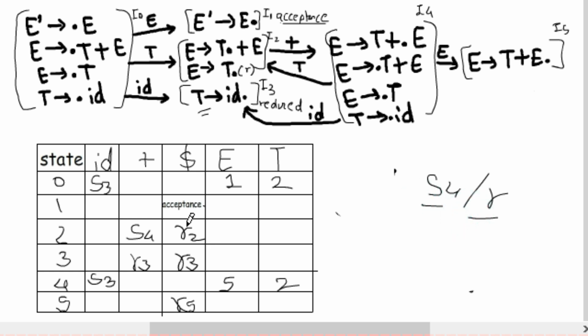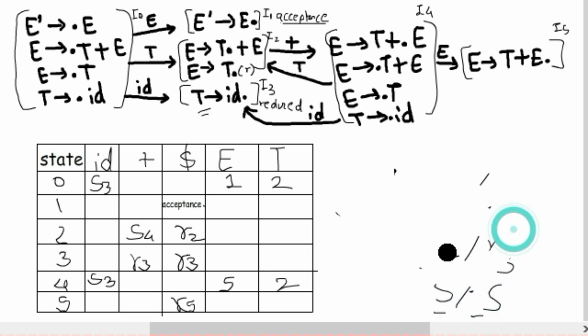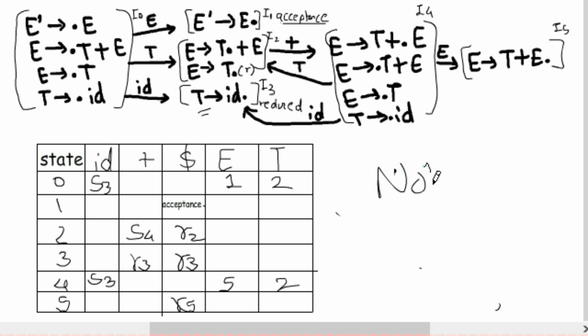If sometimes there are two different R, like R2 and R3 in the same box, it is called a reduce conflict. Sometimes there are two different S in the same cell, and it is called a shift conflict. So shift conflict, reduce conflict, and shift reduce conflict. If there is any of these conflicts, then we can say that the given grammar is not SLR.